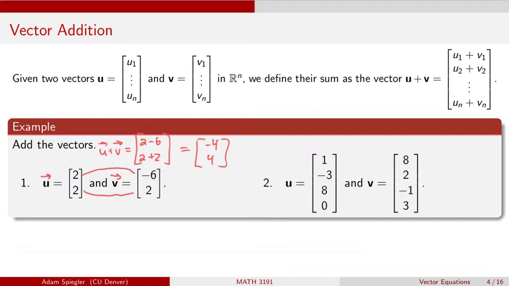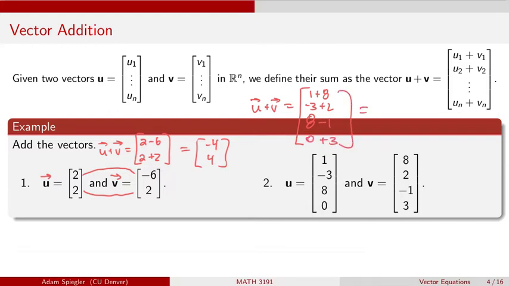Same idea over here. If we wanted to add u and v, now we do the same exact thing, just we have four components to be mindful of. So I would take the 1 plus the 8, the minus 3 plus the 2, the 8 minus the 1, and the 0 plus 3.